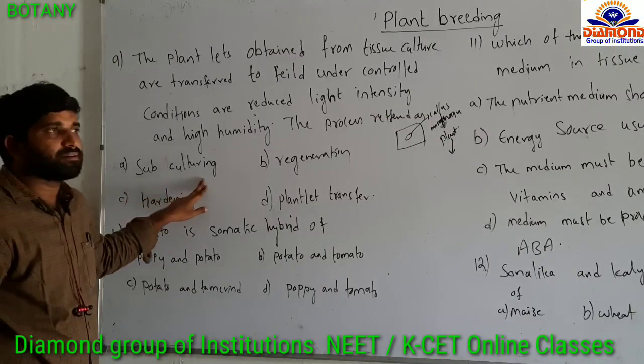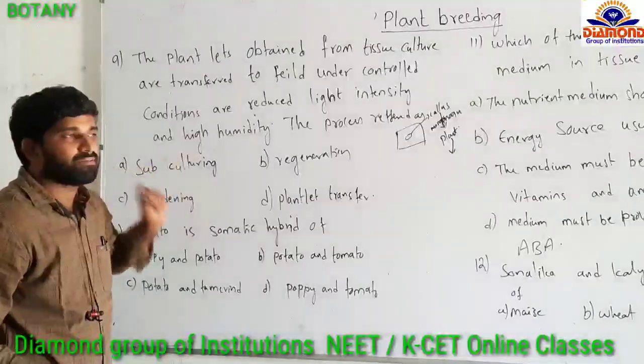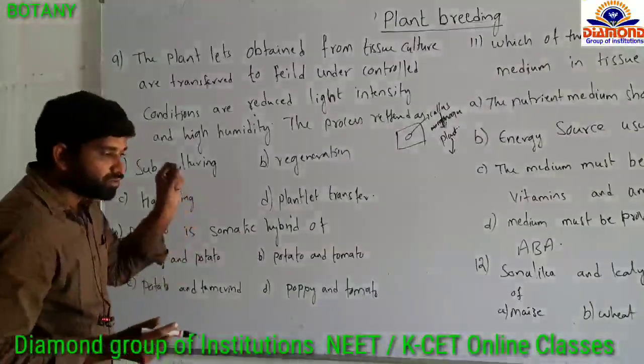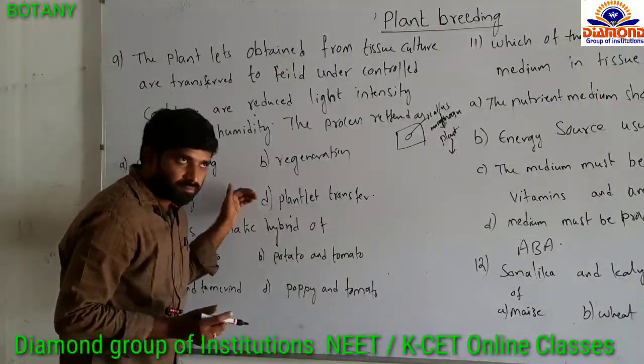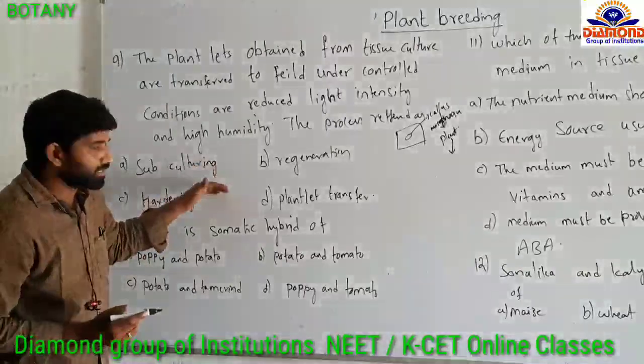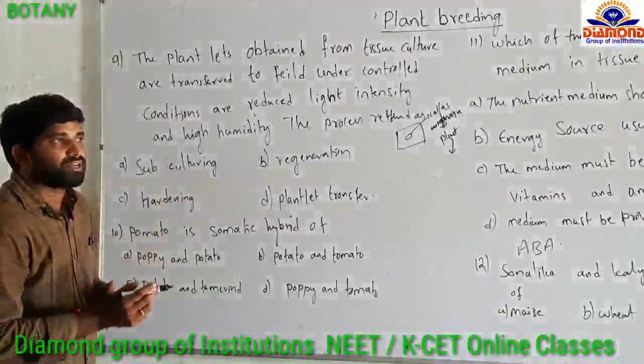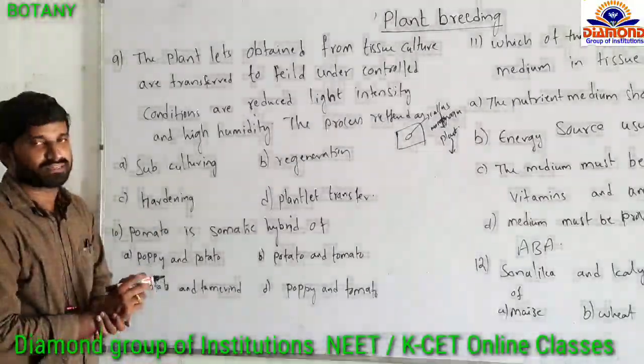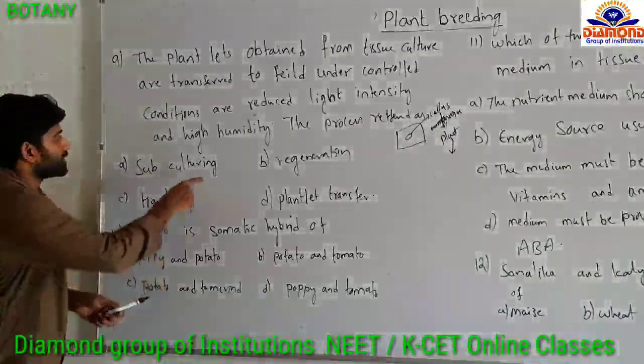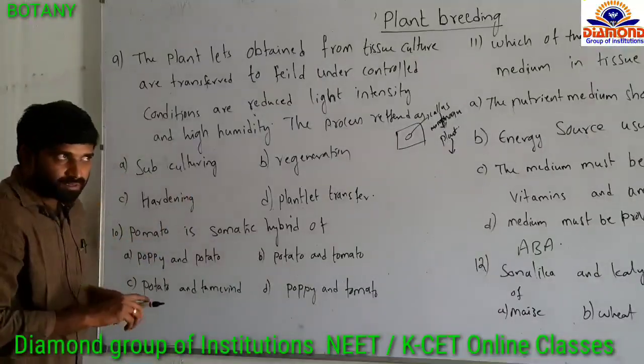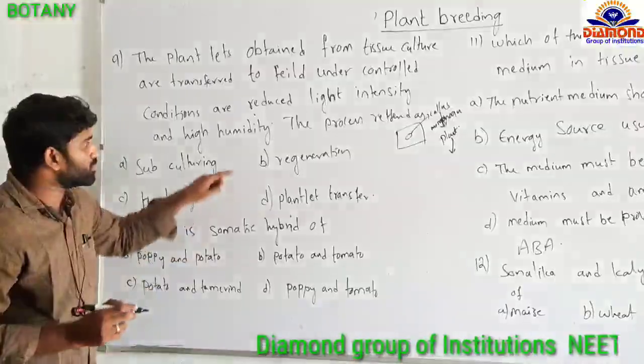So subculturing is a mechanism at the time of tissue culture. We are going to separate the culture media from the tissue culture. From the culture media we will produce new plant roots. So subculturing means separating the culture media to produce new plant roots.